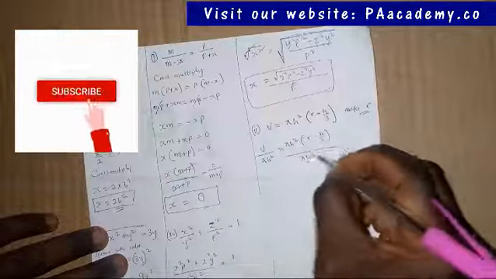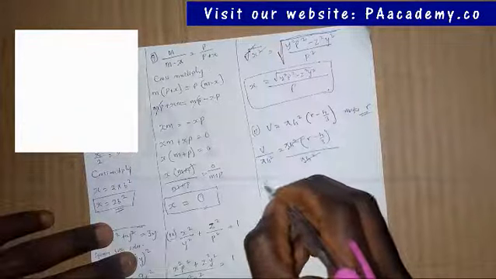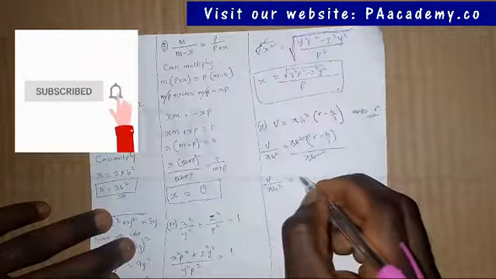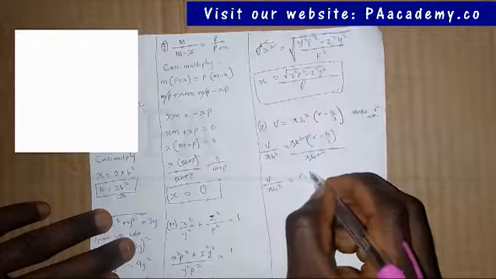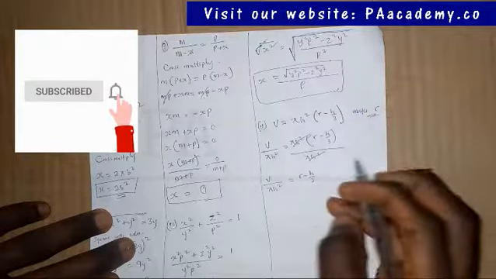So this will cancel this. Exactly. So that means we are having v divided by pi h squared equals to r minus h over 3. So this is what we are having now.